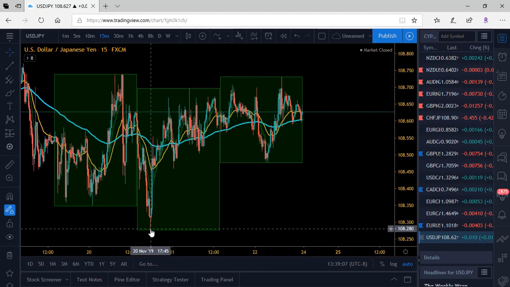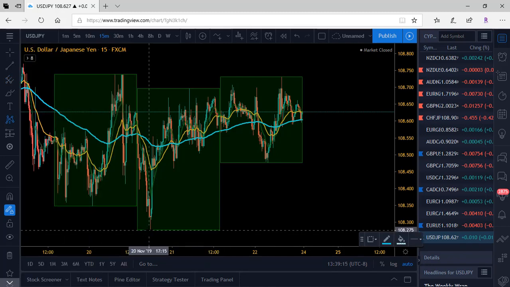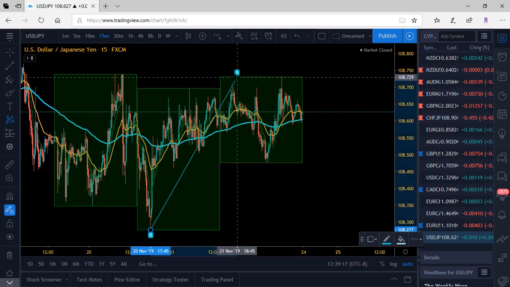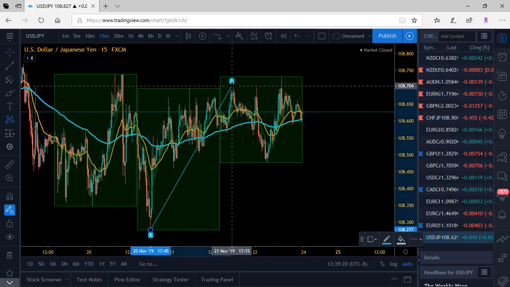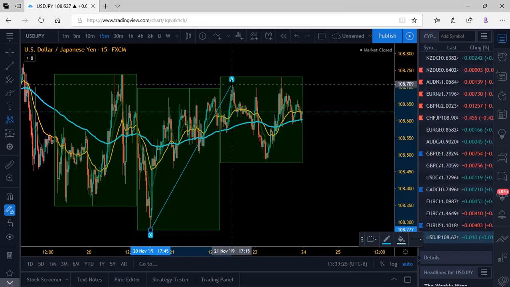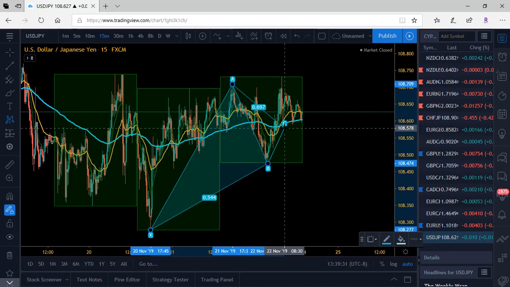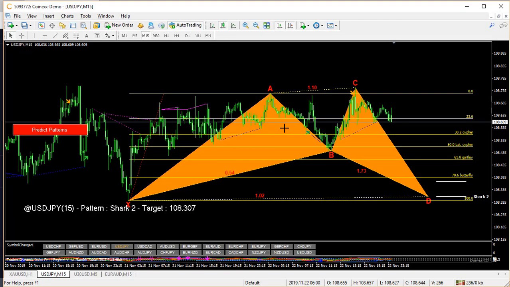It seems like this will be my X. This has to be the A point, and the B point. As I said, I'm looking for a potential Cipher pattern. So the C point needs to break above the A point.